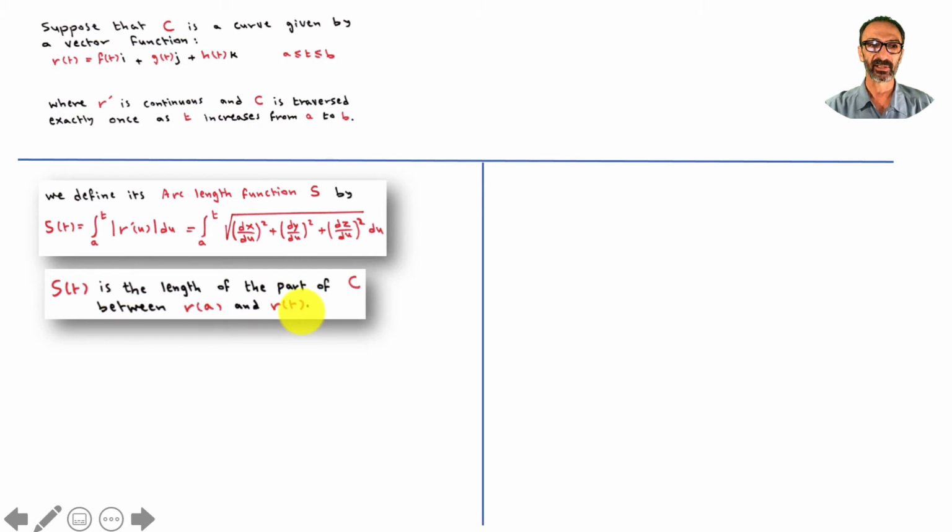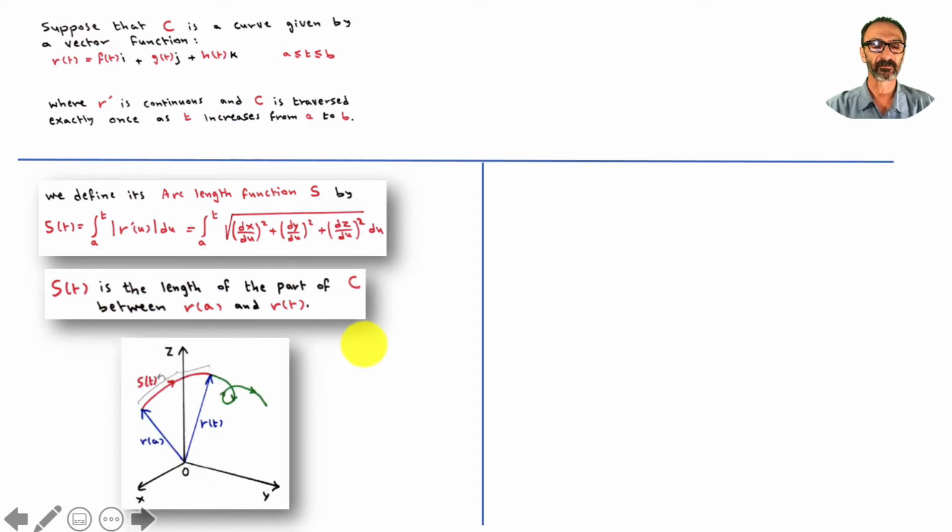I think visuals and graphs do help a lot in Calculus 3, and I take my time to graph it for you. So this arc length is called s of t, and it's between R of a and R of t as mentioned.